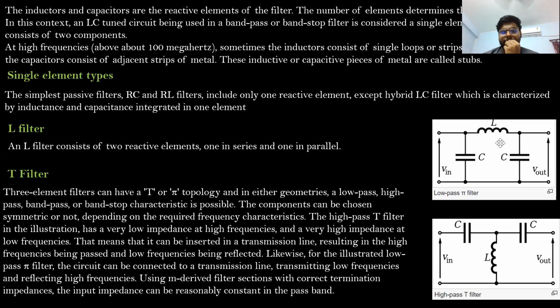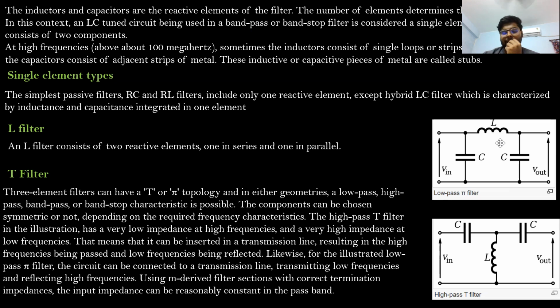Single element types. This is another type of passive filters. The simplest passive filters, RC and RL filters, include one reactive element, except the hybrid LC filter, which is characterized by inductance and capacitance integrated in one element.